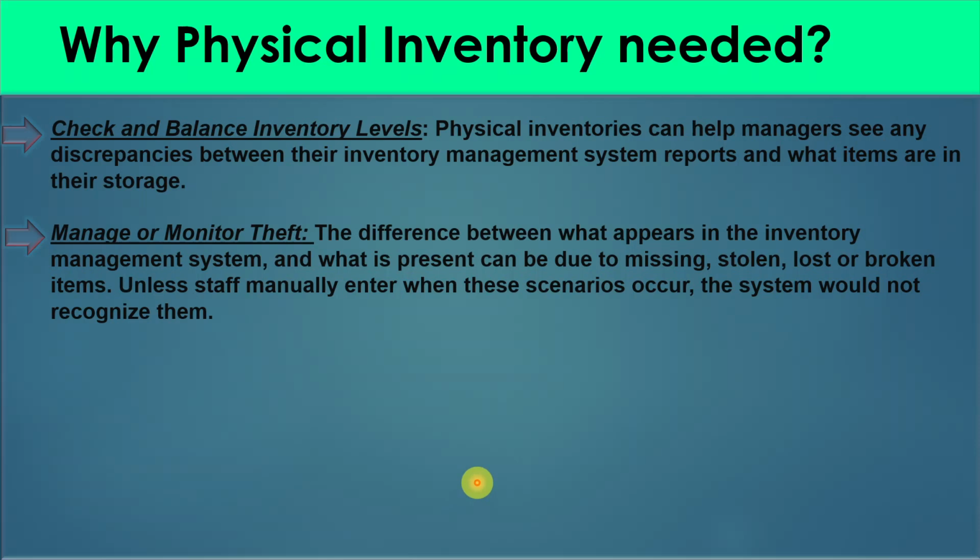The difference between what appears in the inventory management system and what is present can be due to missing, stolen, lost or broken items. Unless staff manually enter when those scenarios occur, the system would not recognize them automatically until someone updates it. In industry there are so many small or big materials or items.